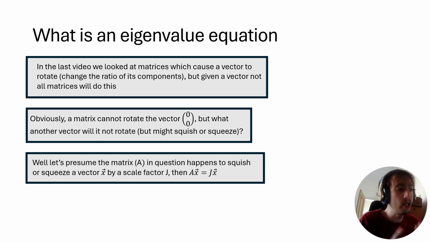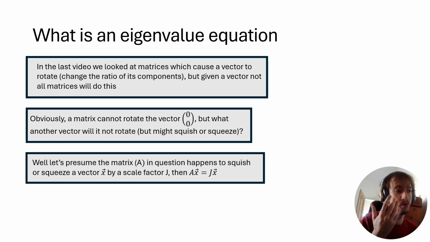So if we think of a general matrix A, causing certain vectors, which we call eigenvectors, to squish or stretch, but not rotate. In other words, A doesn't really change the ratio of the components of the vector.